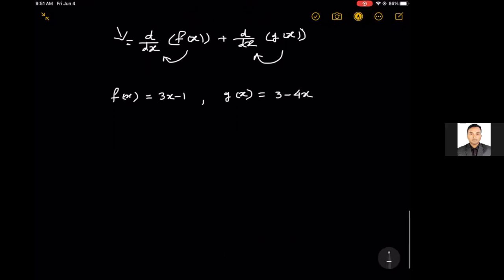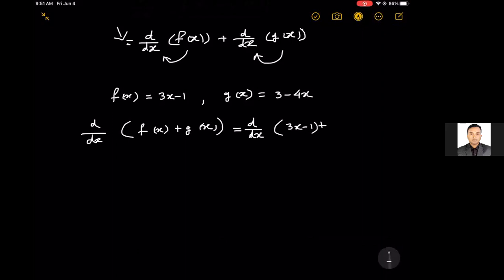Okay, now on our left we are trying to find, again, if you don't understand my handwriting, just let me know. Okay, so first of all, we'll be trying to find the derivative of the sum of these two functions. So if we add these two, we'll get 3x minus 1 plus 3 minus 4x.